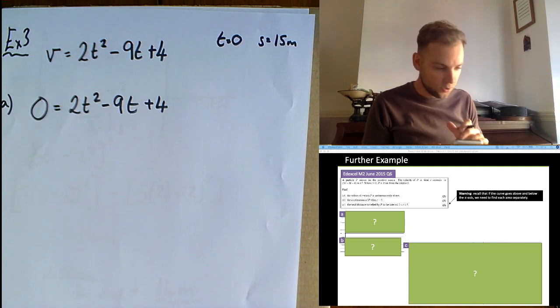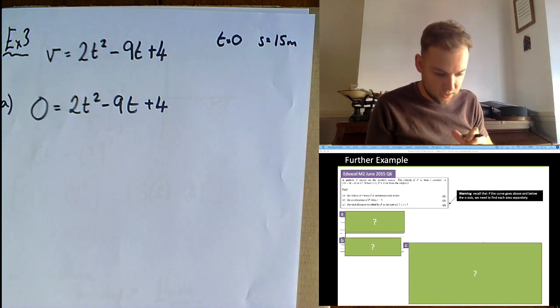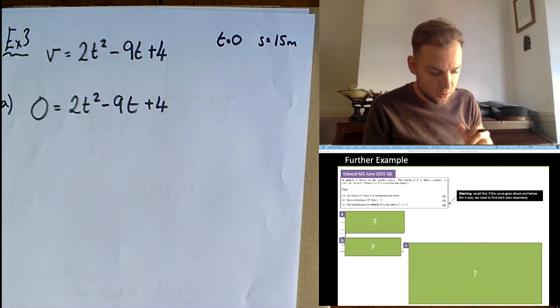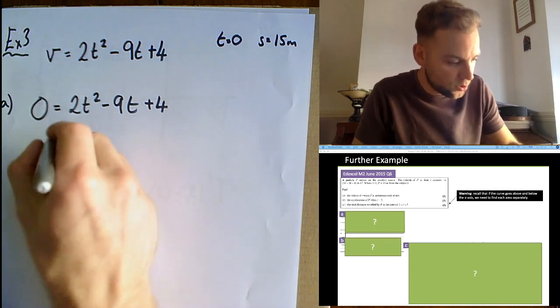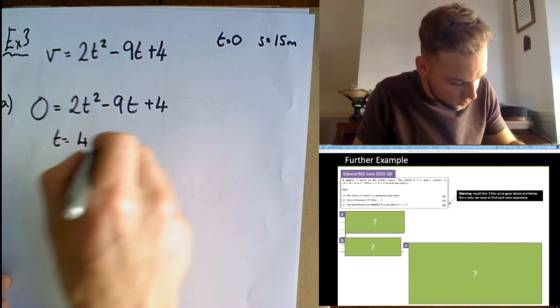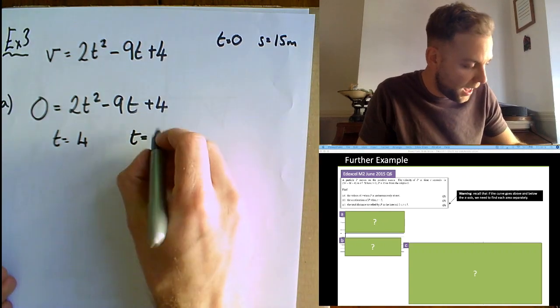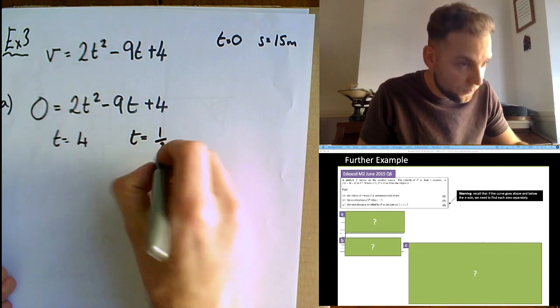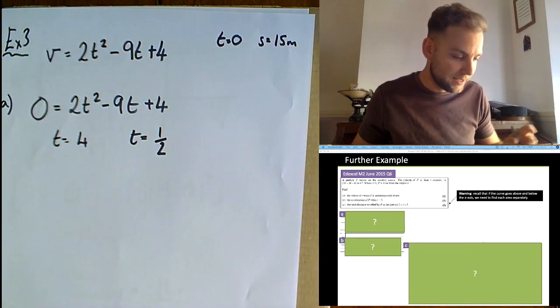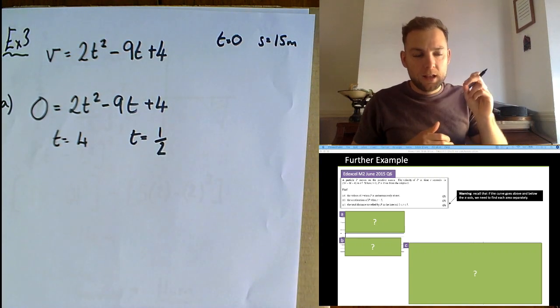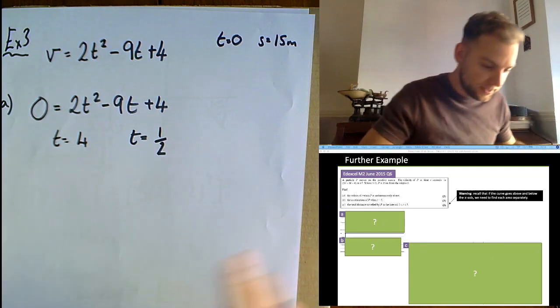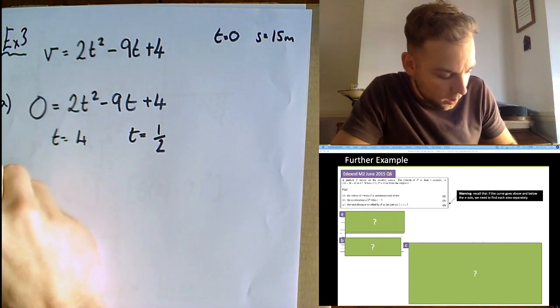Polynomial, degree 2: 2t squared minus 9t plus 4 is equal to 0, so t is equal to 4 and t is equal to a half. Those are the values of t when it's at rest. I'll come back to it in a second actually. So let's have a look at part B.